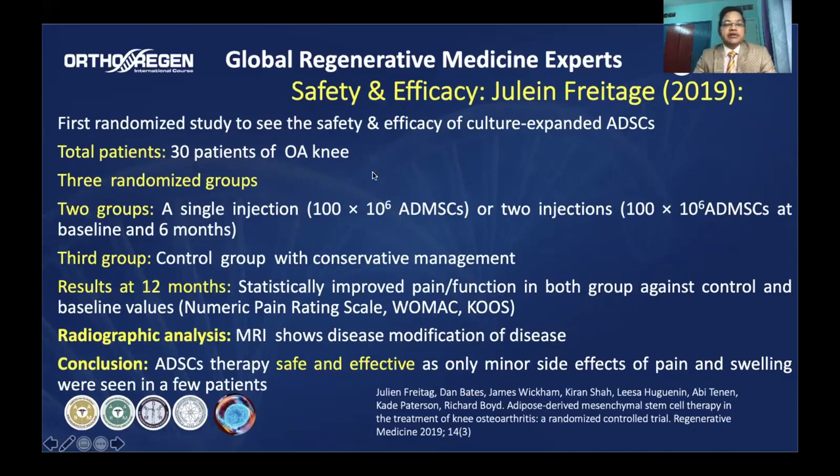They basically took 30 patients having osteoarthritis of the knee. They divided them into 3 randomized groups. In 2 groups, they gave a single injection of 100 million adipose derived cells or 2 injections of 100 million at baseline and after 6 months. But in the control group, they used only conservative management.